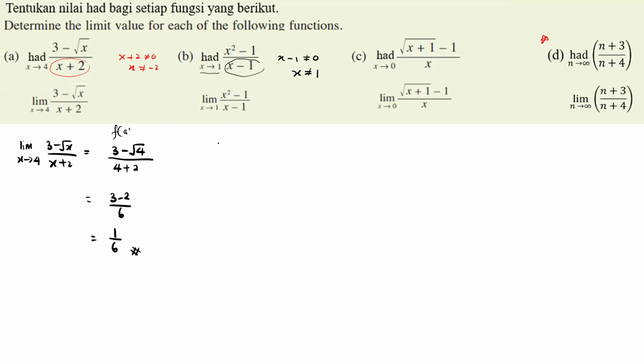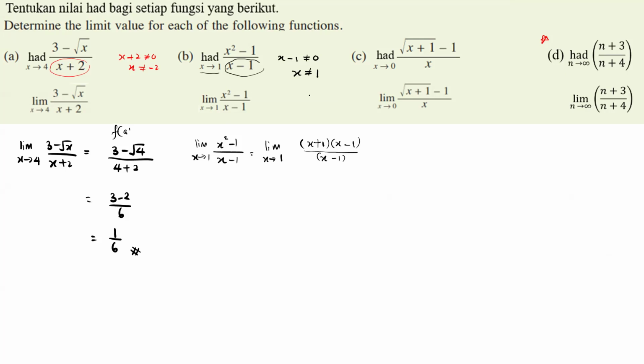The limit of (x squared minus 1) over (x minus 1) as x approaches 1 can be written as, now we're not substituting yet, so this limit notation must be written there. x squared minus 1 is actually the difference between two perfect squares, so we take the bases x and 1, 1 plus and 1 minus.